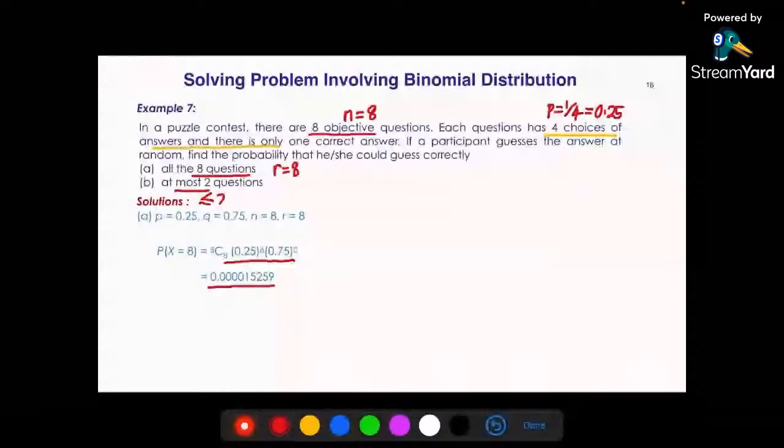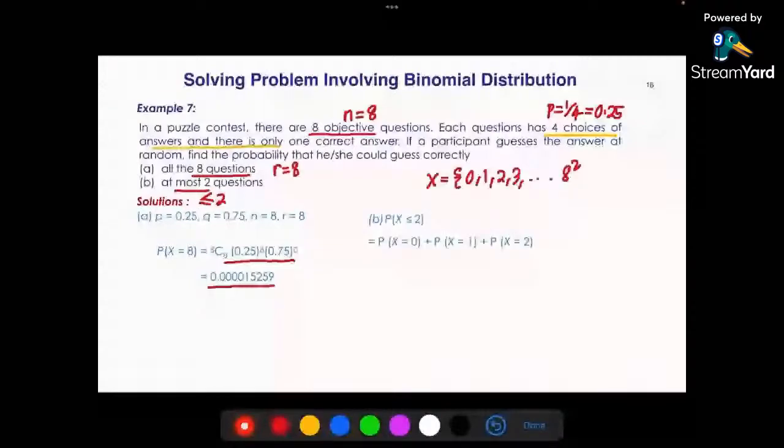Okay. So how to write it? This one. So remember kalau kita, this is binomial. Remember kalau kita listkan dia punya discrete random variables, kalau 8 trials akan jadi 0, 1, 2, 3 sampailah nombor 8. So kalau kita nak cari sekarang less than or equals to 2, 2 termasuk. So dia mestilah dari sini.